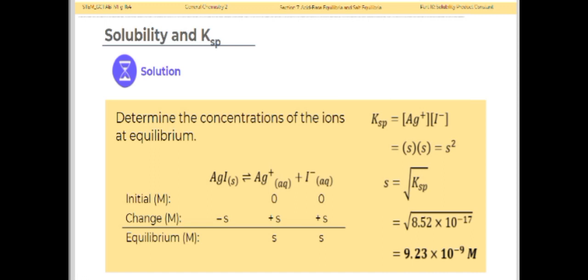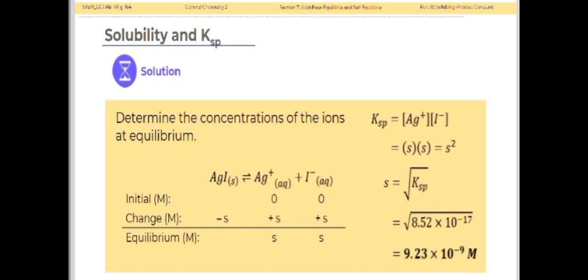To calculate the molar solubility of the salt, determine the concentrations of the ions at equilibrium. If we let S be the molar solubility of silver iodide, the molar concentrations of silver and iodide ions at equilibrium must also be S. Substitute this in the Ksp expression for silver iodide.